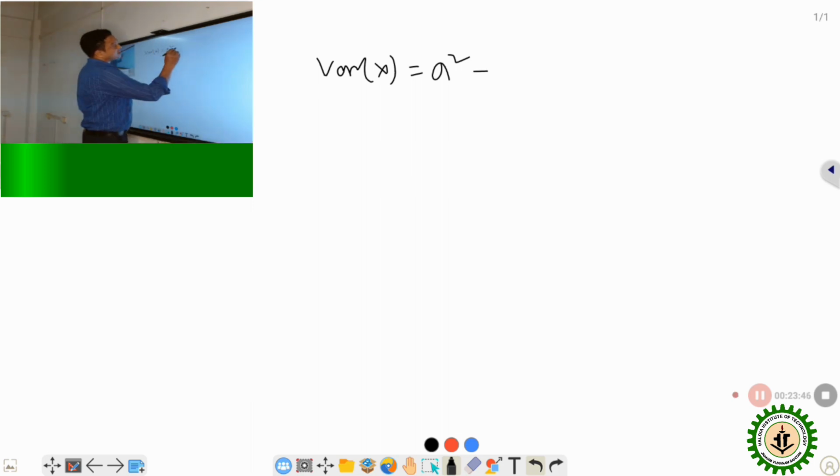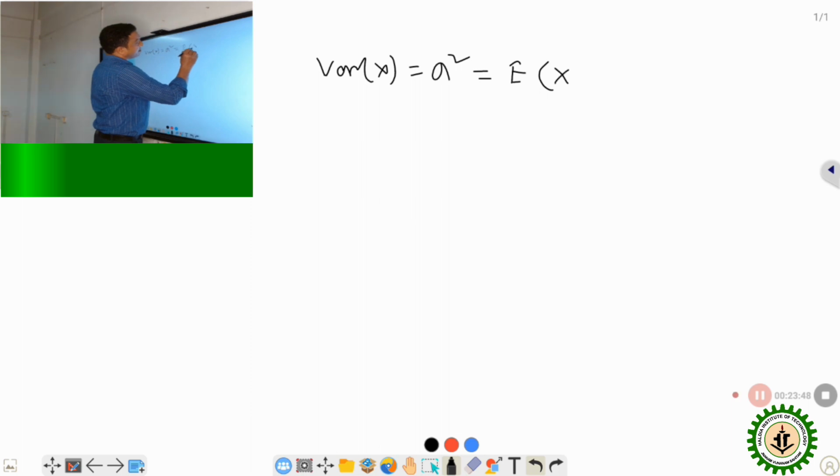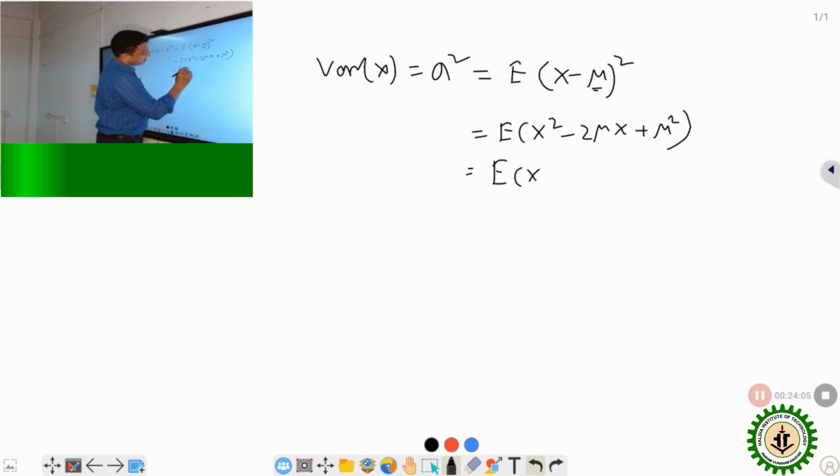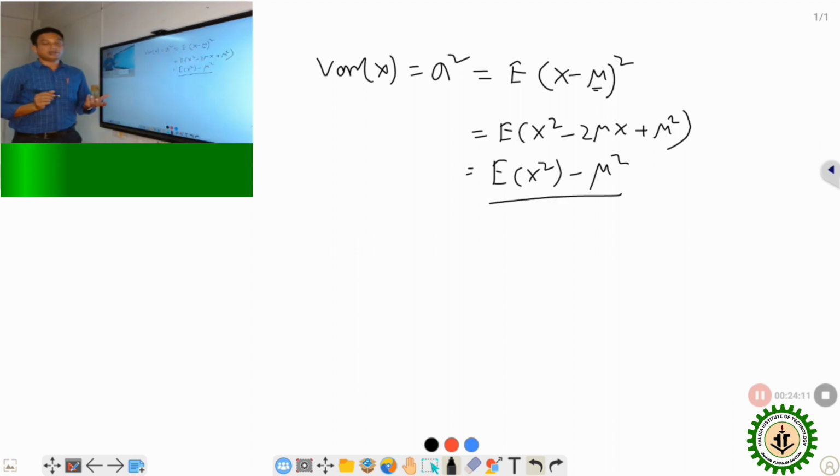Now this equals expectation of (x minus mu) whole square. Mu is the expectation. The same thing, you can expand this one as expectation of x square minus 2 mu x plus mu square, and since the expectation of a constant is constant, you will get this equals expectation of x square minus mu square. This is the calculation for variance.